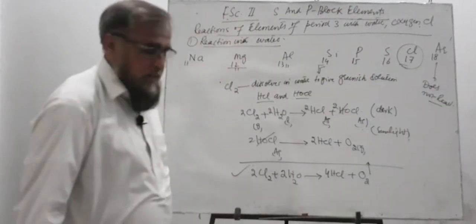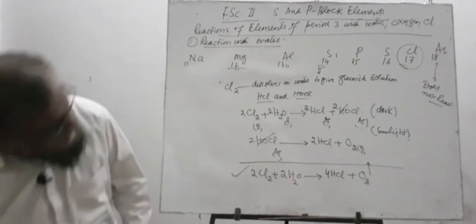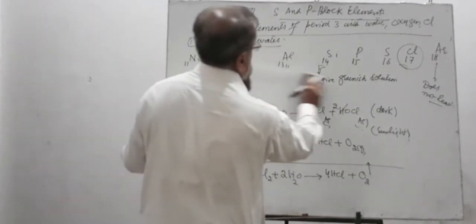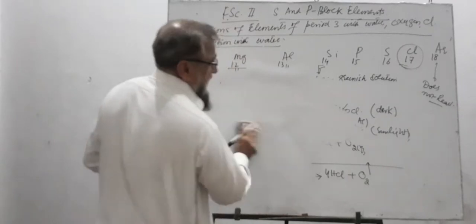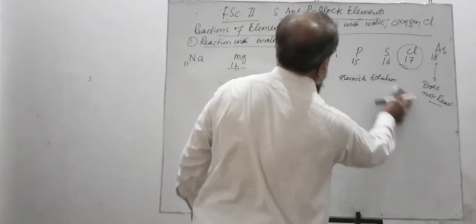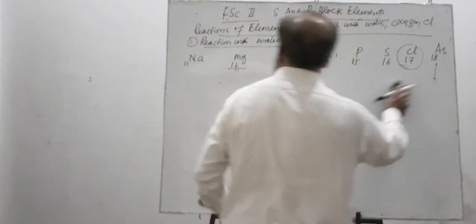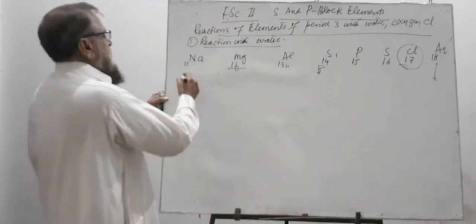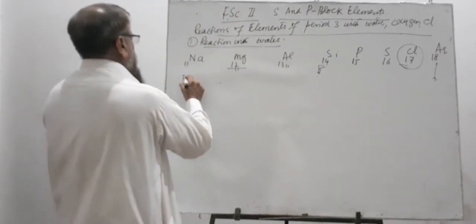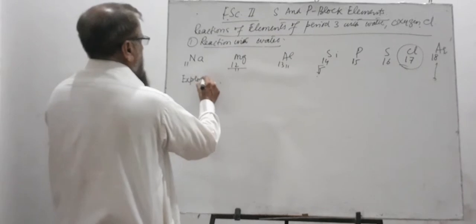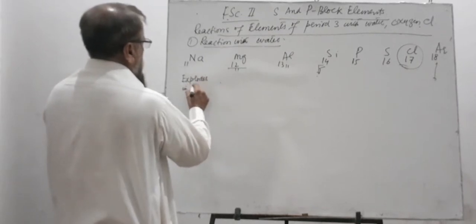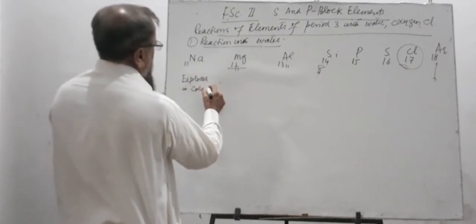If you look at the trend of reactivity along the period, we observe that the reactivity is decreasing along the period, and it is indicated from the fact that sodium explodes in cold water and is highly reactive.